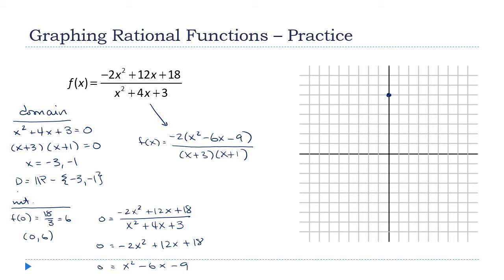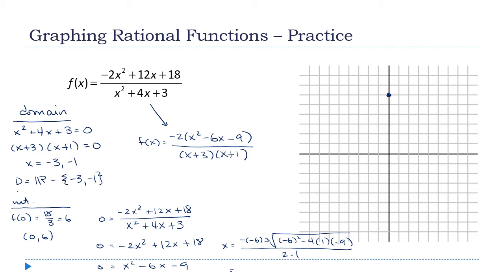It's a quadratic equation. When we have a quadratic equation and it doesn't factor, our fallback is going to be the quadratic formula. If we go to the quadratic formula, we get x equals -b plus or minus the square root of b squared minus 4 times a, that's 1, times c, that's -9, all over 2 times 1.